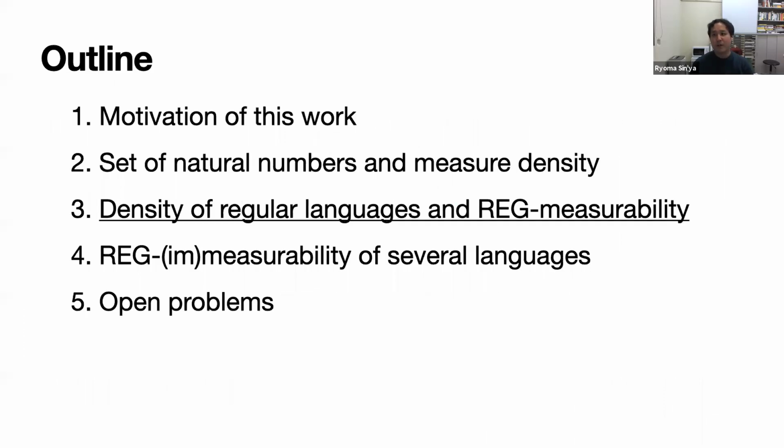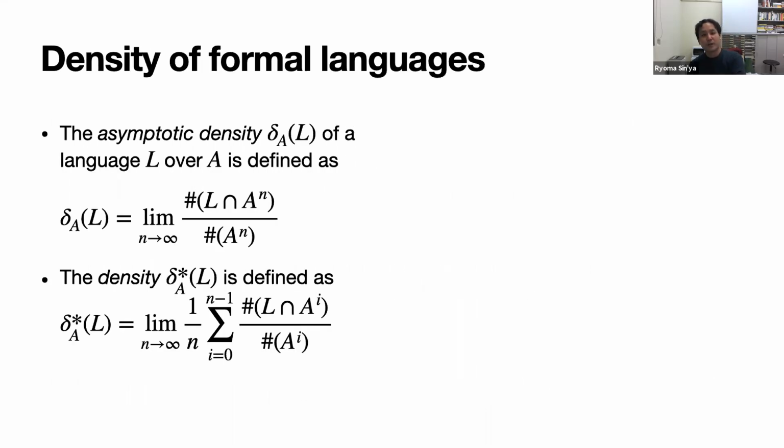So let me introduce density notions for languages. Here we list two density notions. The first one is called the asymptotic density of L, defined here. So let's forget about this limit, just see this fraction.